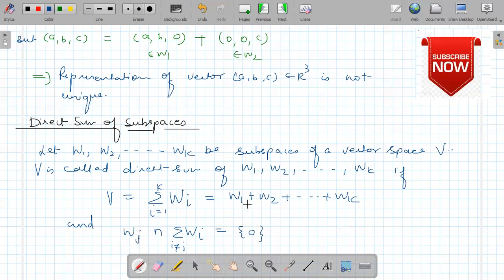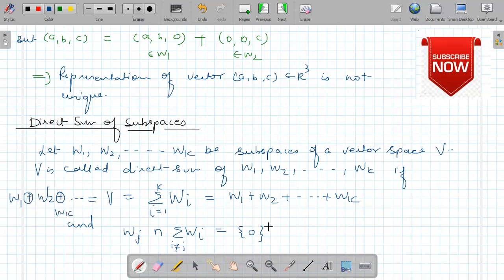So this type of addition of subspaces is called direct sum of subspaces, and this is denoted by W1 plus, a special type of plus used here. This is the notation of direct sum, the plus sign within a circle.